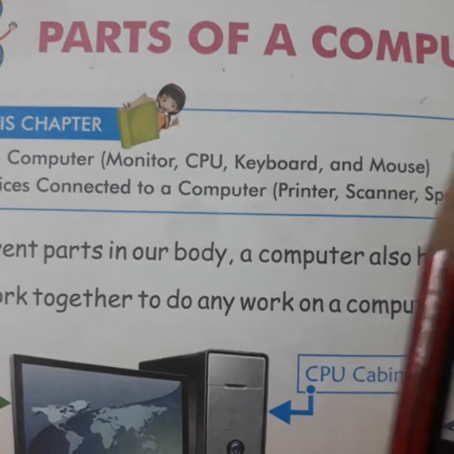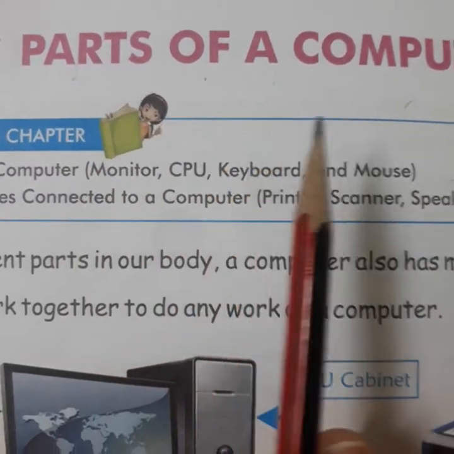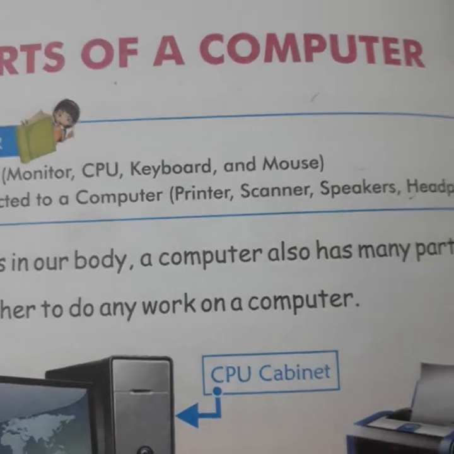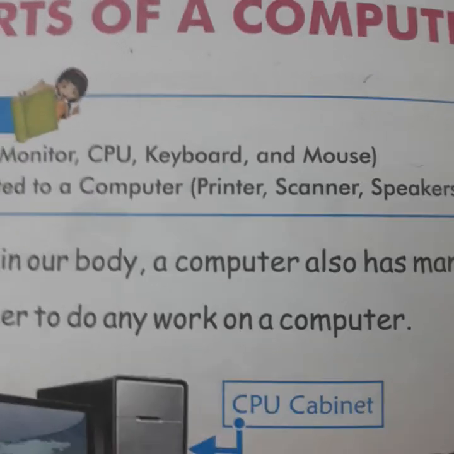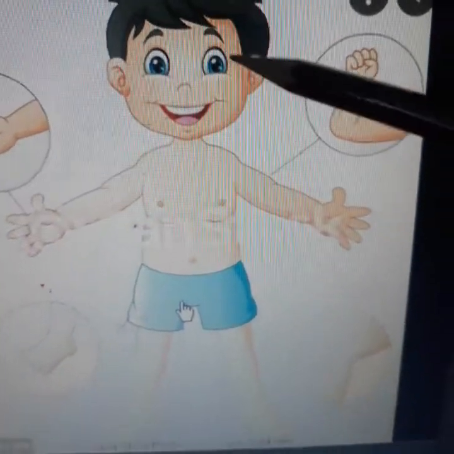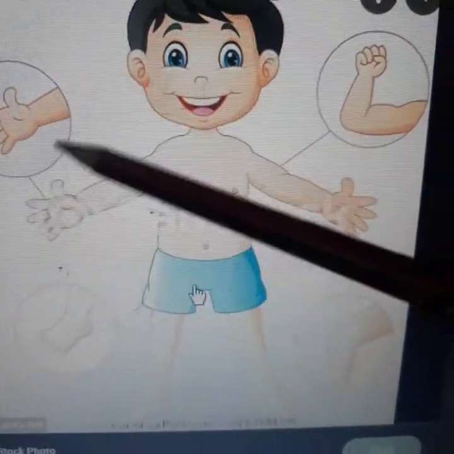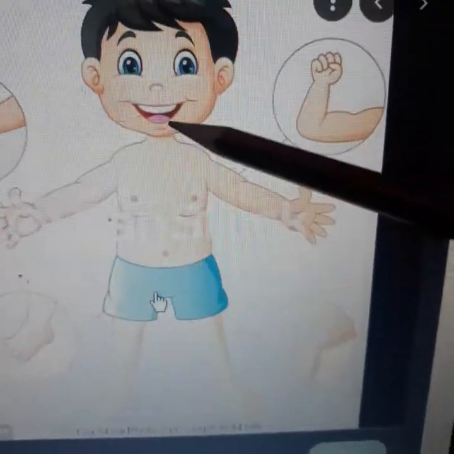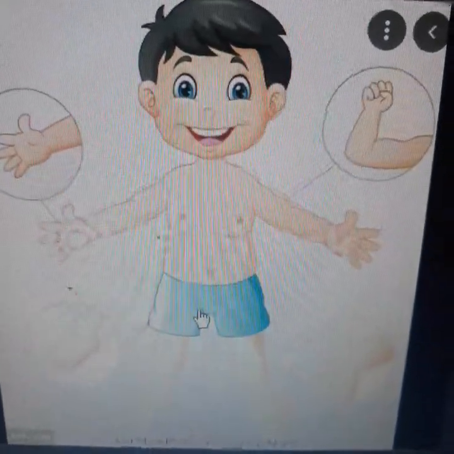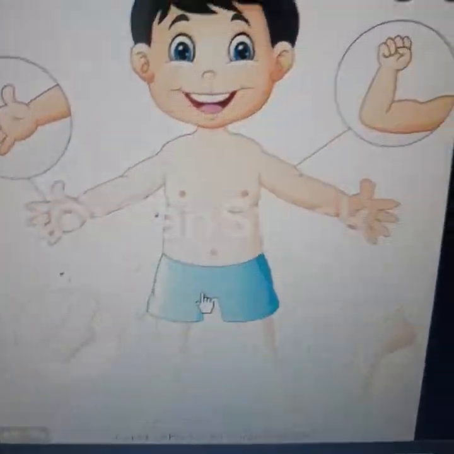Before we discuss the parts of a computer, I want to discuss with you the parts of your body. Do you all know about your body parts? You all have different body parts. Look at this. You have eyes, nose, hands, feet, lips, teeth, ears.